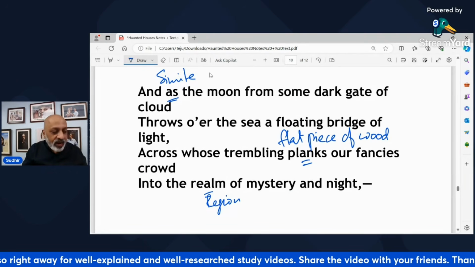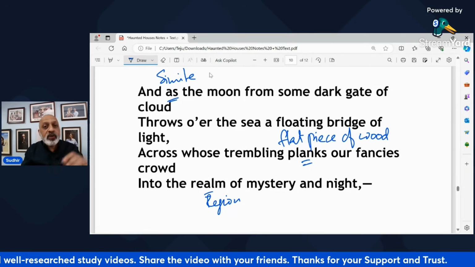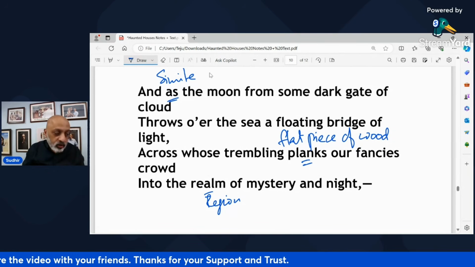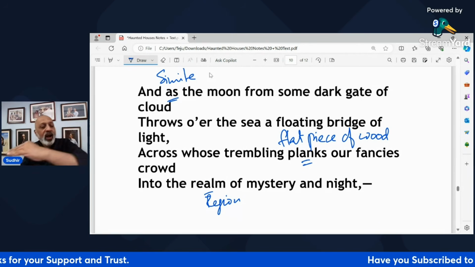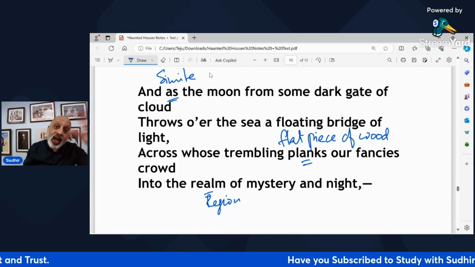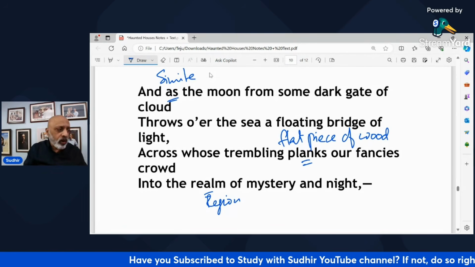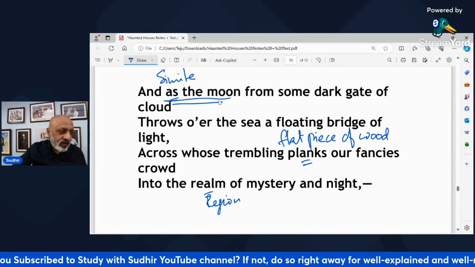That he's trying to connect the moonlight on the sea to a bridge between the physical and the spiritual world. The moonlight falling on the sea as some kind of a bridge between the physical and the world of spirit. As the moon, he's introducing the comparison.